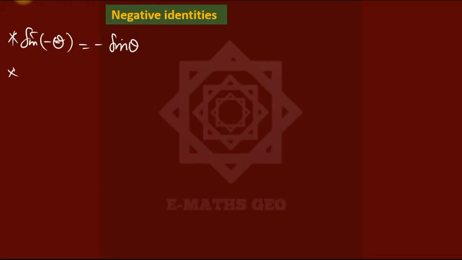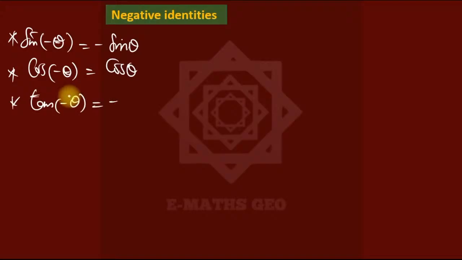The second one, cos negative theta, is just the same, neglect the negative sign. The last one is tan negative theta is negative tan theta. So that's the negative identity. No need of writing the other three.